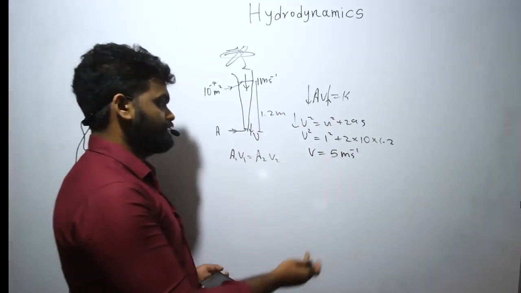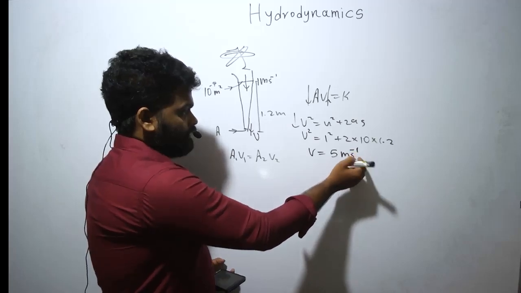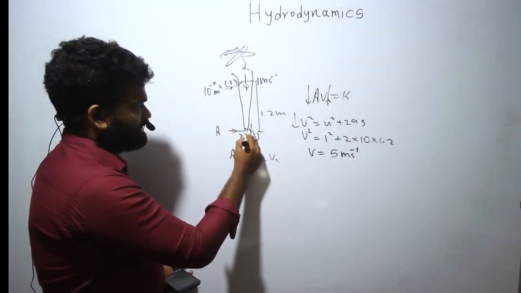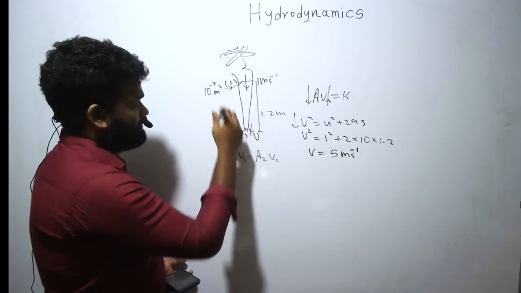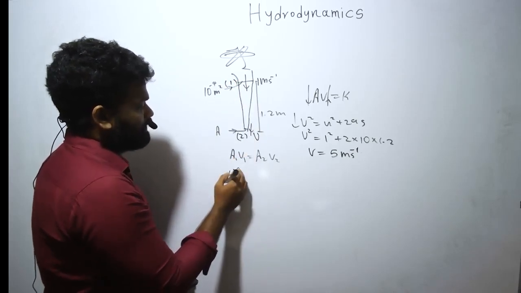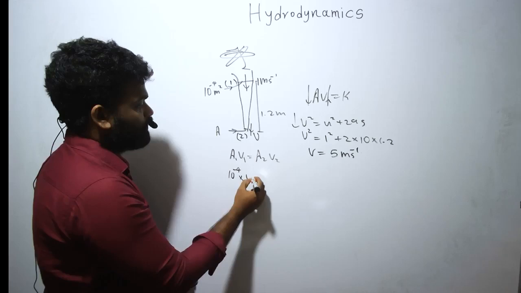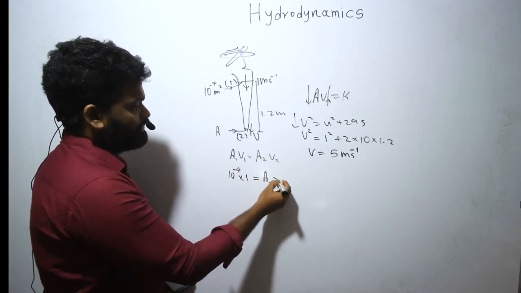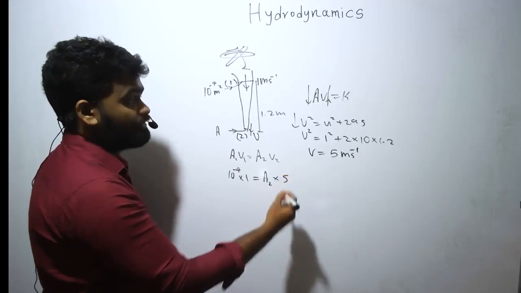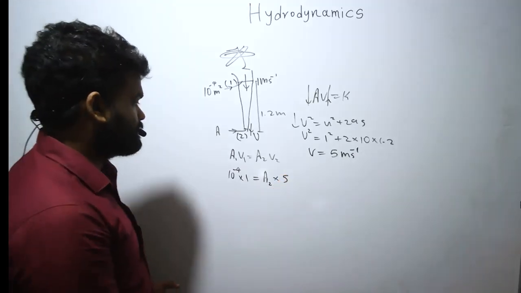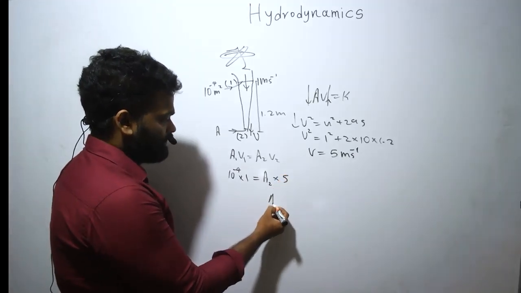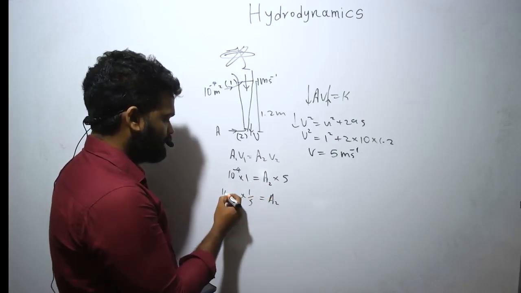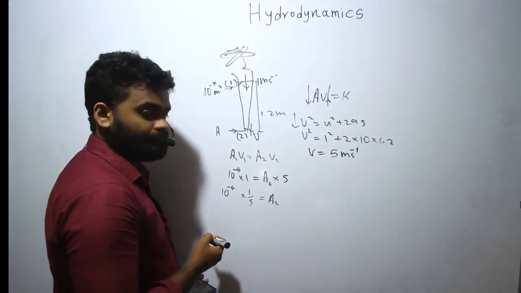okay? When you are facing the A levels, right? So here, this is the first case, this is the second case. At the first case, cross section is 10 to the negative 4, velocity is 1. Here, cross section is what we need to find. Velocity, we found it as 5 meters per second, right? So A2 is 1 over 5 times 10 to the negative 4.